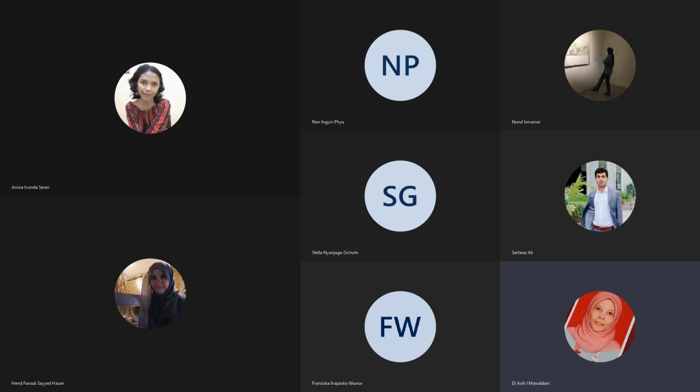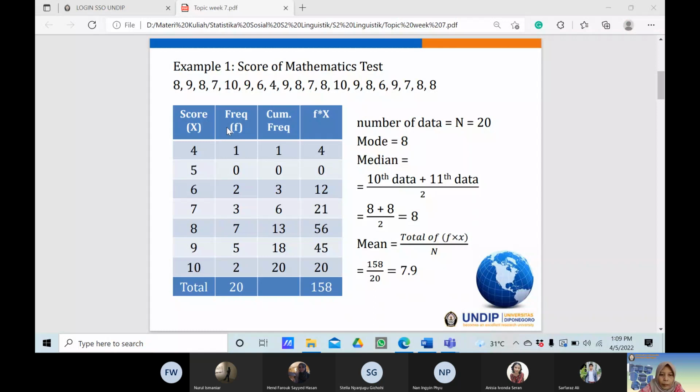The second and the third column has been made. And now, how to calculate the central or the center measurement of the data with the frequency distribution.